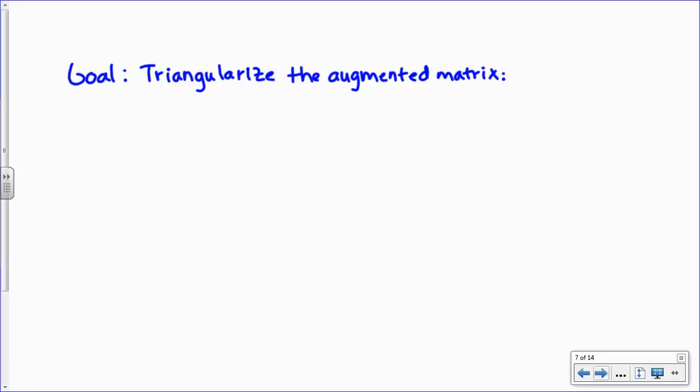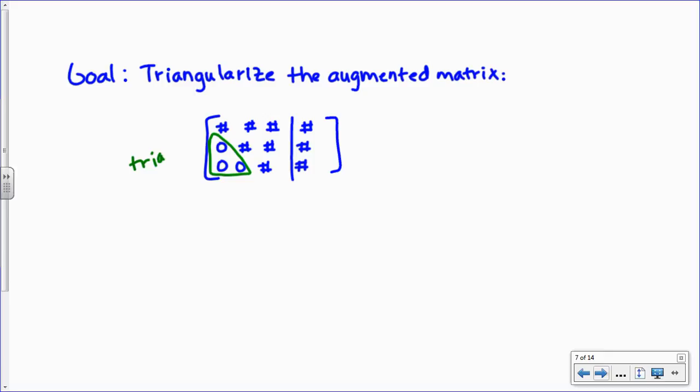So we want it to look like this. And again, I'm going to use the pound sign to represent it could be any number. We say triangularize because we get this triangle of zeros. Once we get there, we can find the solutions of our system.